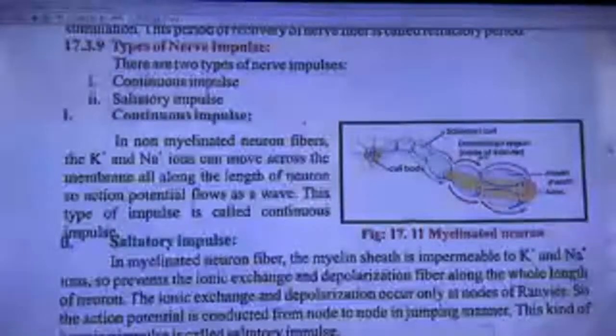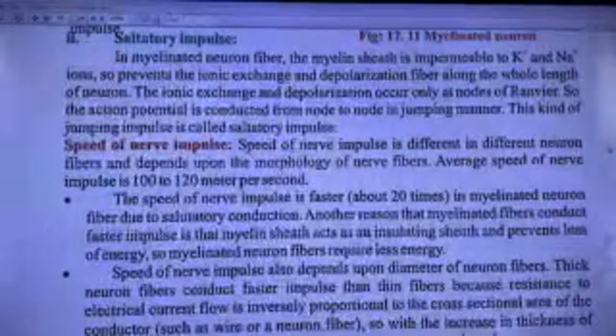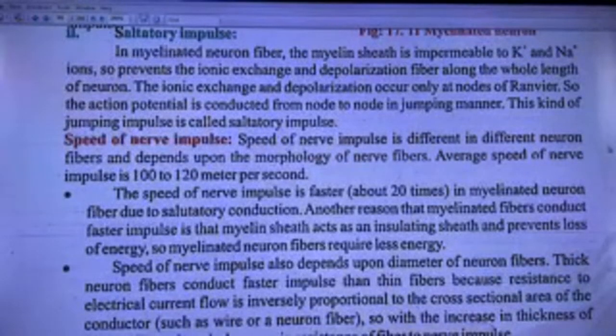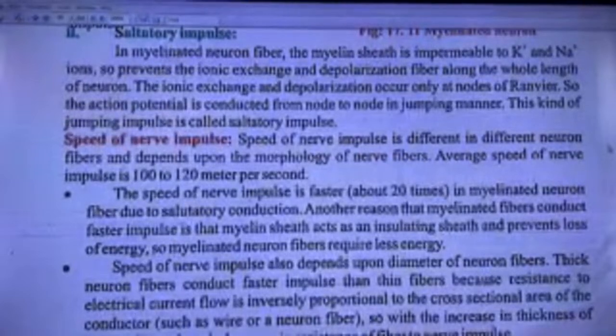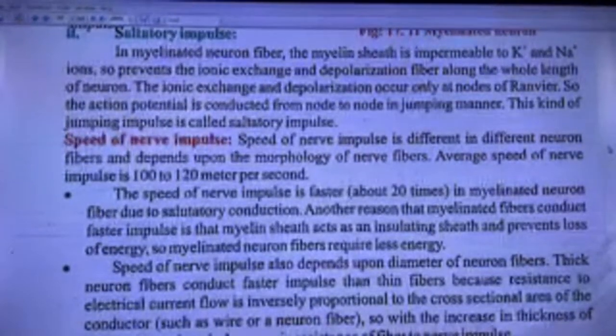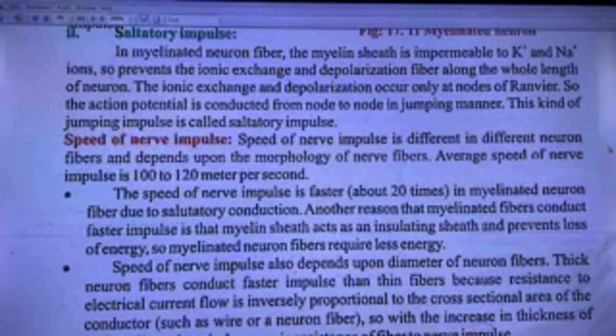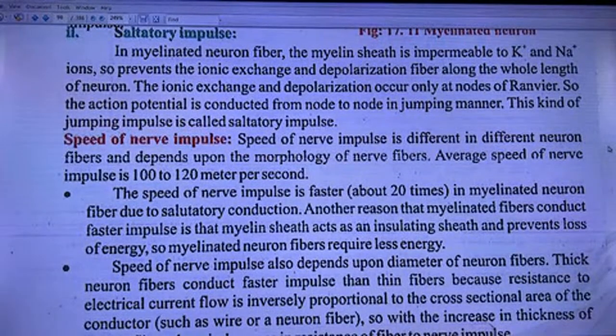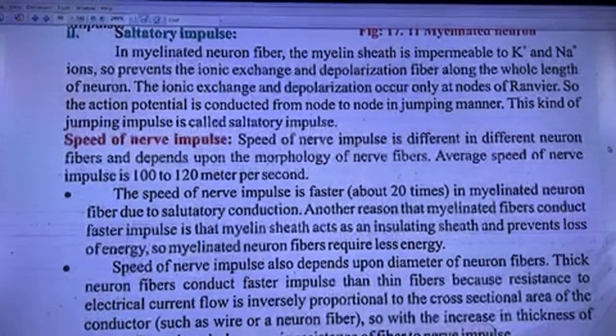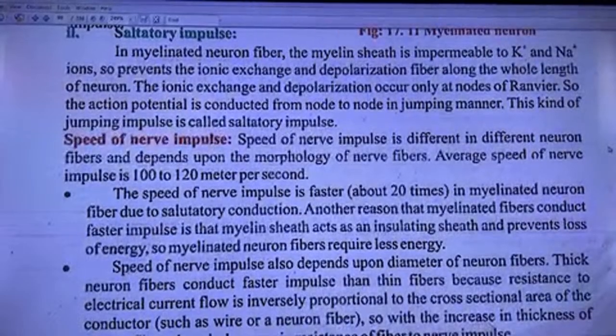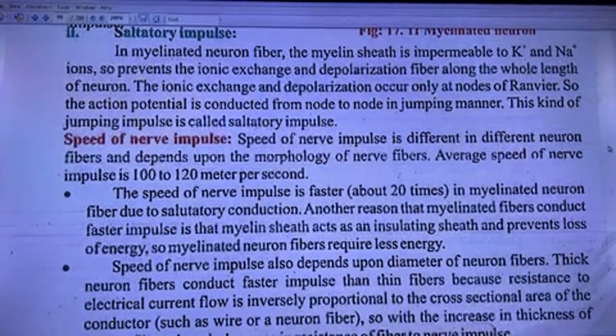Saltatory impulse: in myelinated nerve fibers, the myelin sheath is impermeable to potassium and sodium ions, so it prevents ionic exchange and depolarization along the whole length of the neuron. The ionic exchange and depolarization occur only at the nodes of Ranvier, so the action potential is conducted from node to node in a jumping manner. This kind of jumping impulse is called a saltatory impulse.